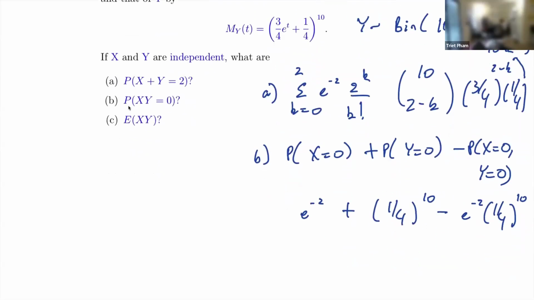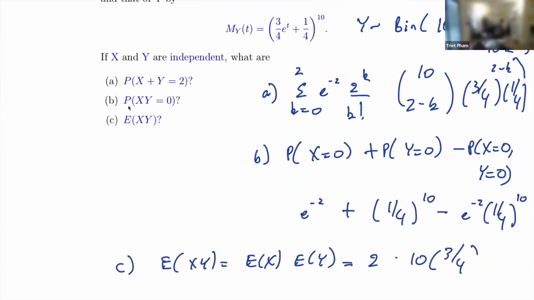Okay. The last one, of course, is just the expectation of X times the expectation of Y, which is 2 times np. So the point is that parts A, B, and C are actually very simple.